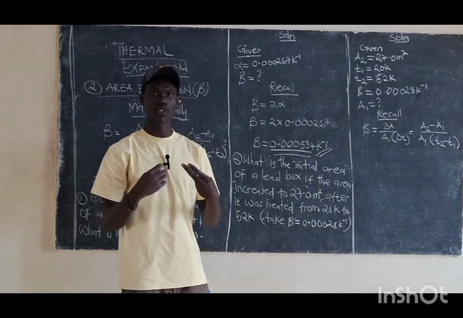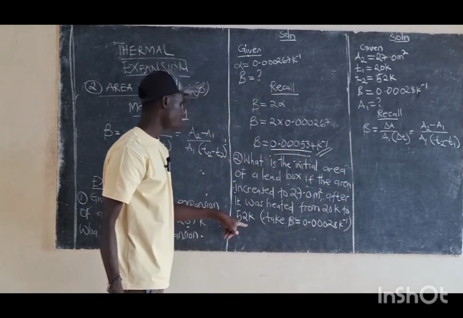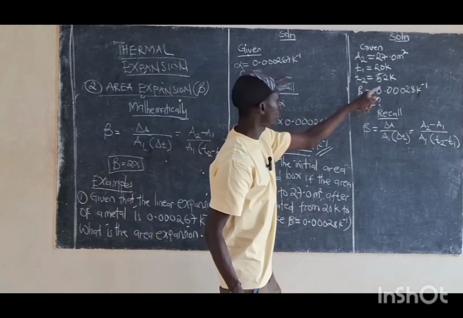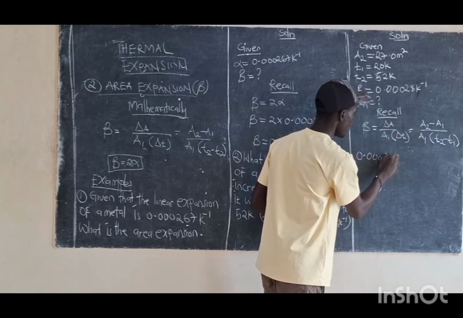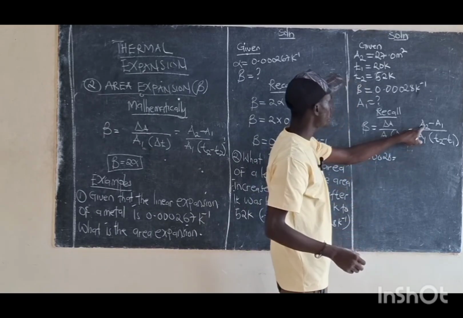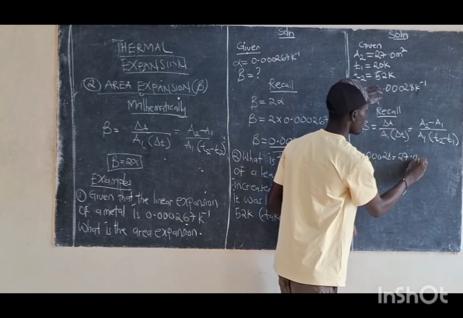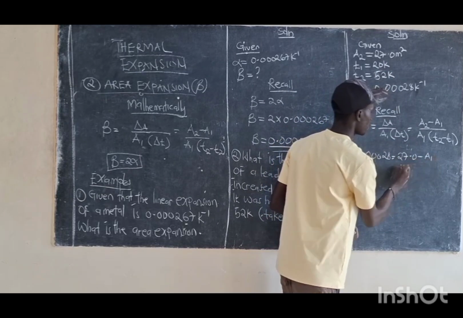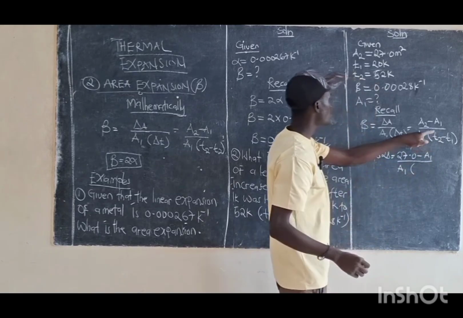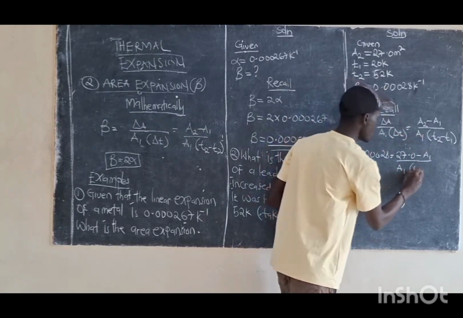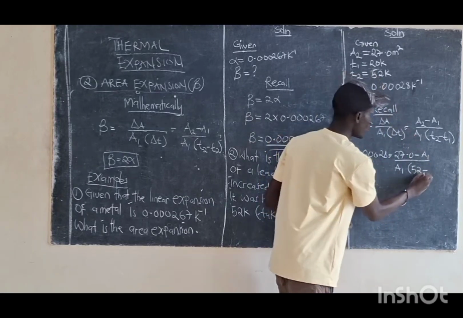Here we are going to substitute our values. The value of beta here is 0.00028, equal to A2, which is 27.0, minus A1, all over A1 times T2, which is 52, minus T1, which is 20.